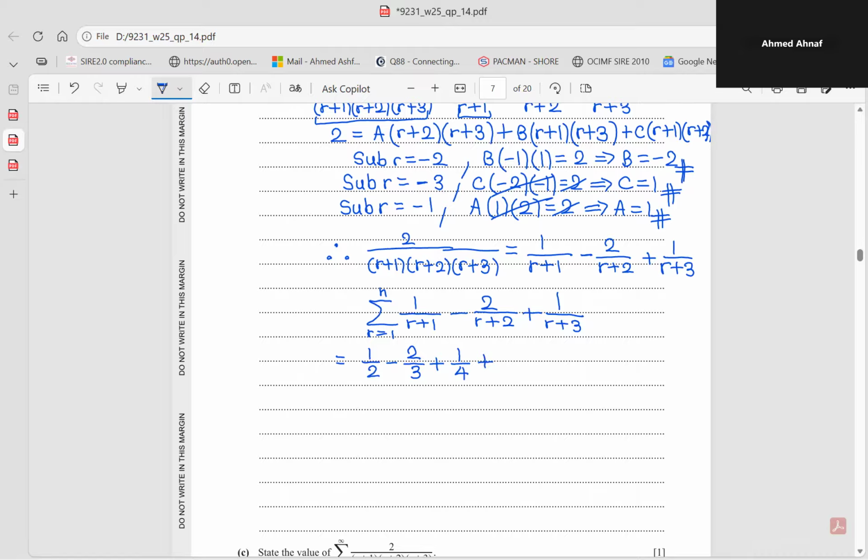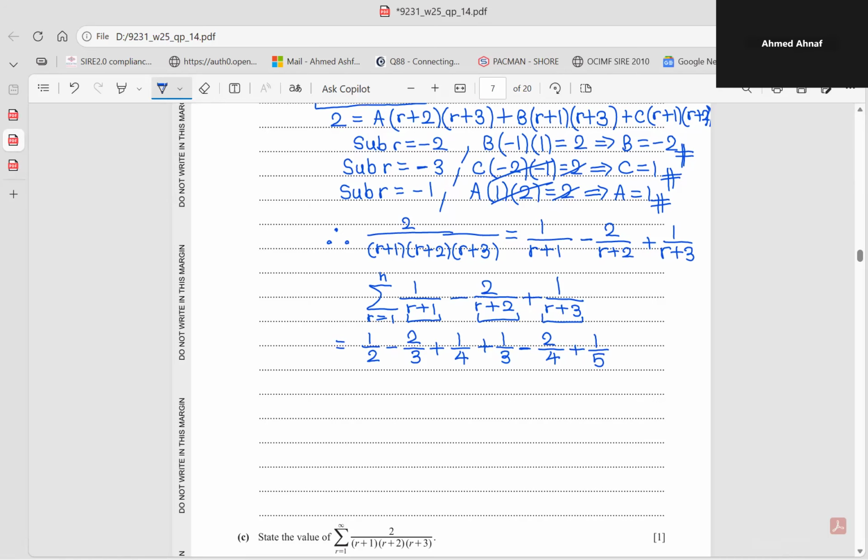So you'll get 1 over 2 plus 1, that's 1 over 3, minus 2 over, you can see the denominators just increase by 1, so the denominator here will be 2 plus 1 over 5. So that's for r equals 2.